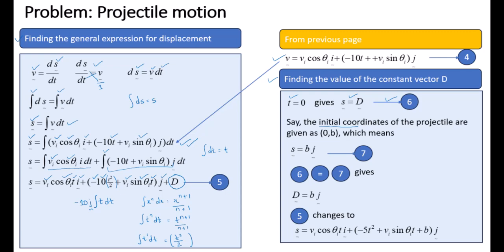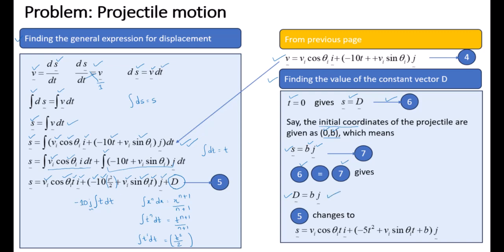So when we say the initial coordinates, say for example it was at 0 comma b, so this is the x value and this is the y value. So the initial displacement will be equal to b times j. So both 6 and 7 give the initial displacement, and therefore it should be easy to understand that we can equate 6 with 7, which will lead to the constant d being equal to b times j.